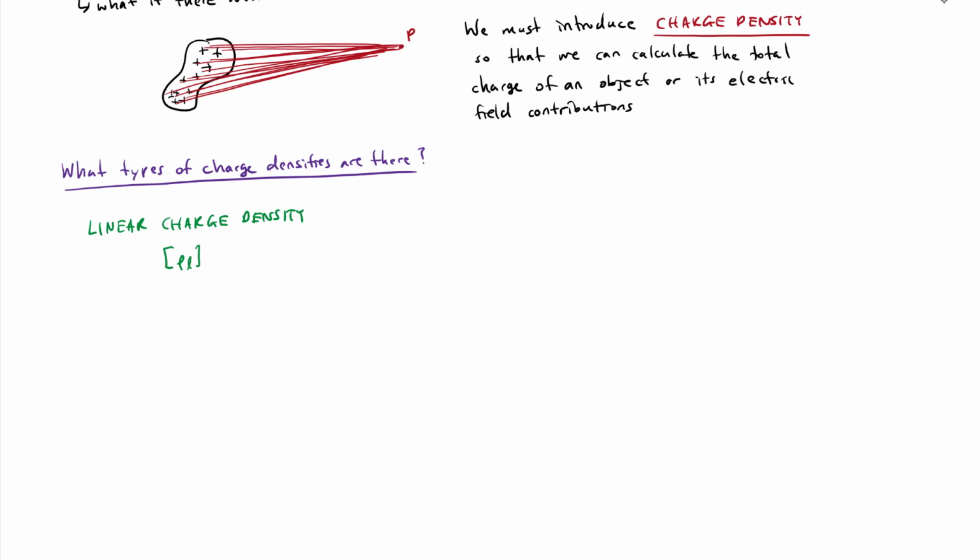The only reason for this is we'll be using lambda for something else later on in this course, so we don't want to get confused. So we have linear charge density. Next, we have surface charge density, which we'll call rho S. And of course, we have volume charge density.